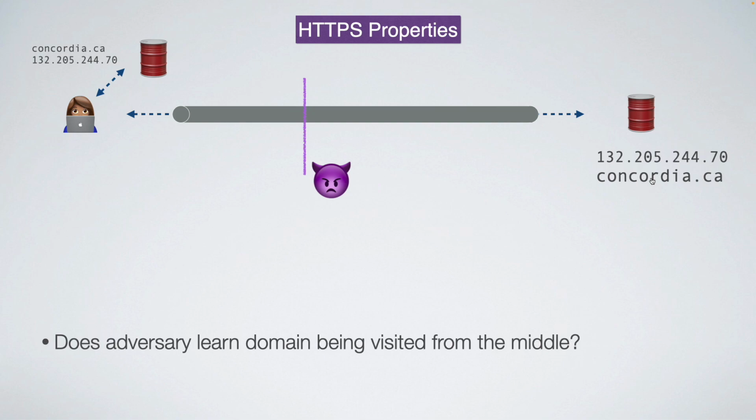Now, here's the question I want to ask you. The adversary's outside of the tunnel. Is the IP address itself inside the tunnel, meaning the adversary can't access it? Or is it outside of the tunnel, meaning the adversary can access it? Okay, so some people say inside, some people say outside. All right, let's live in the world where it's inside. If it's inside the tunnel, that makes the most sense.